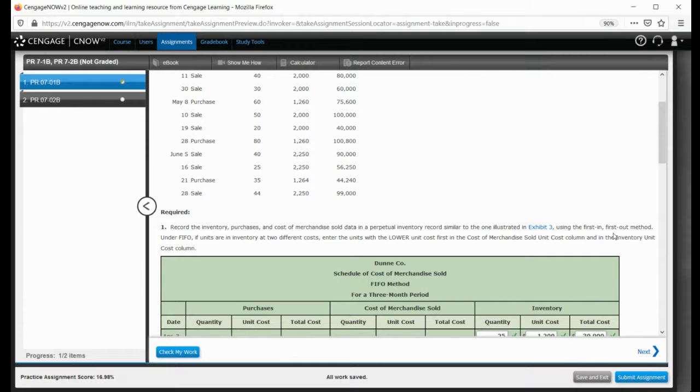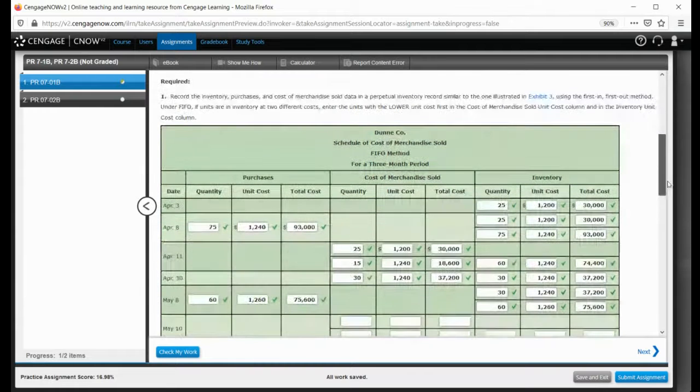In a manual perpetual inventory system, we keep up with the count of our inventory and the cost of our inventory on what we call a cost card. That cost card is what we had started the last time that we met, and that's what you can see here on your screen.